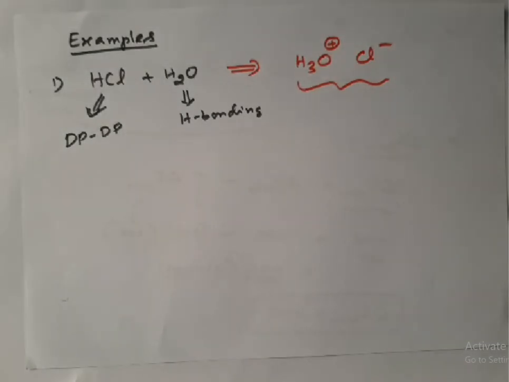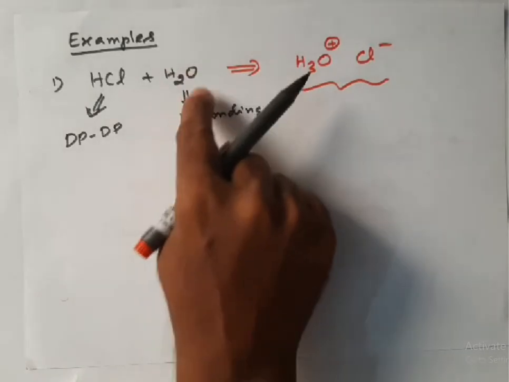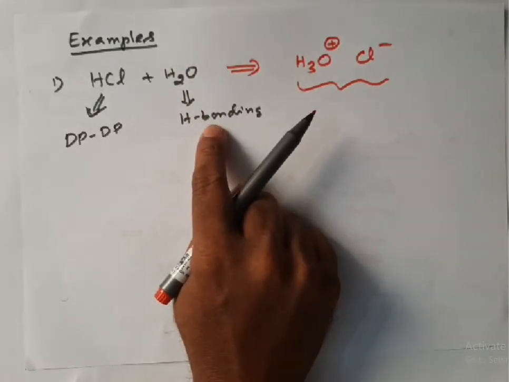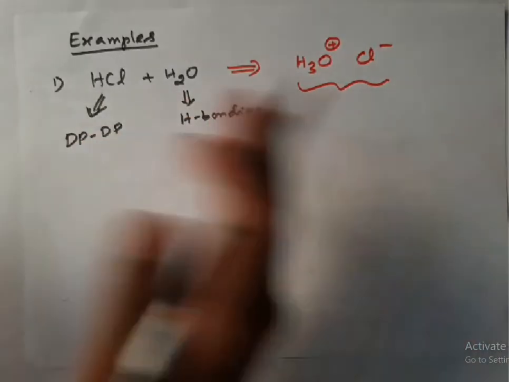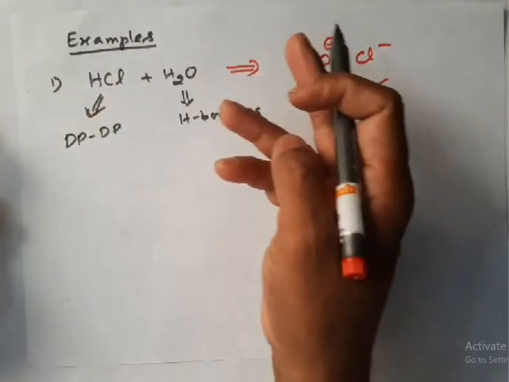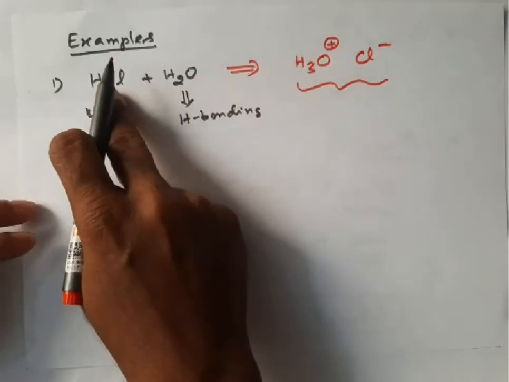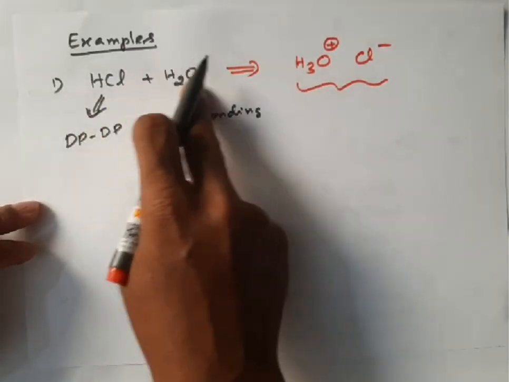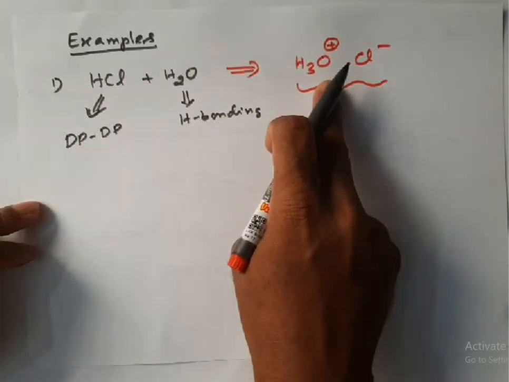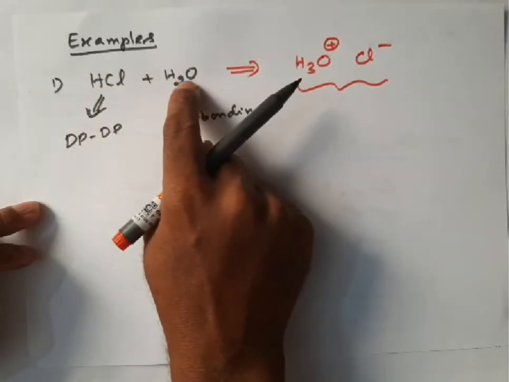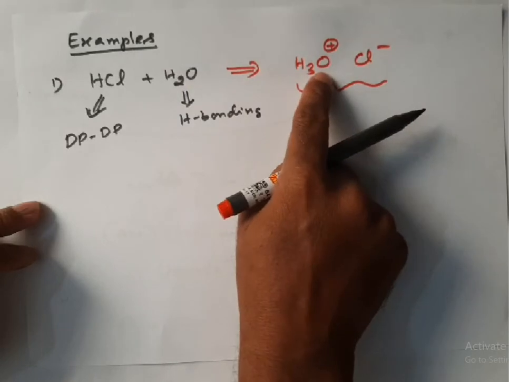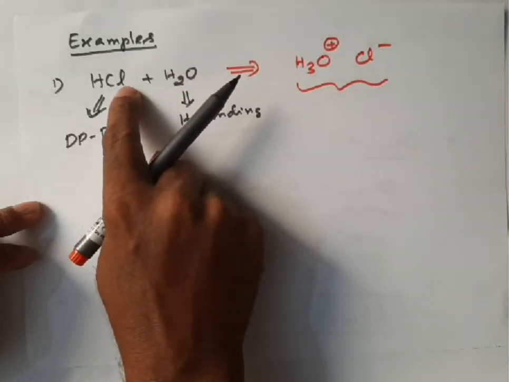Before mixing, pure water shows only hydrogen bonding attraction and pure HCl shows dipole-dipole attraction. But when mixed, HCl ionizes and donates H plus, so water takes H plus and becomes H3O plus, and chlorine forms chloride.